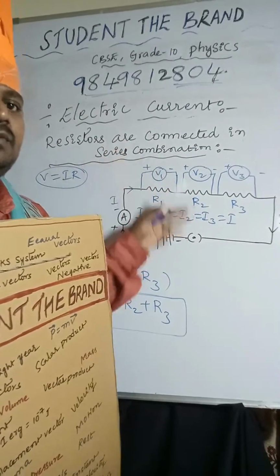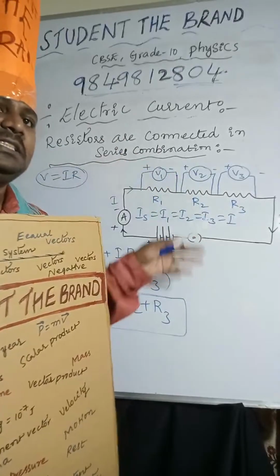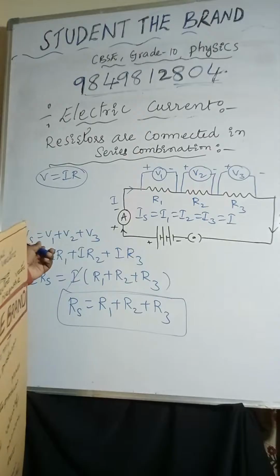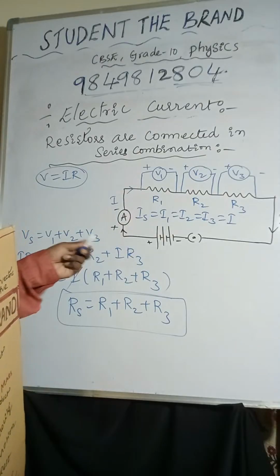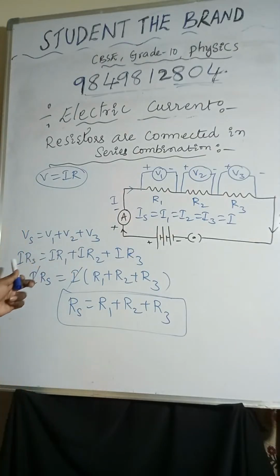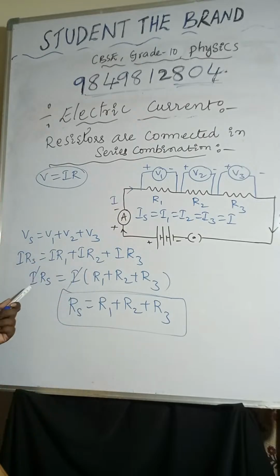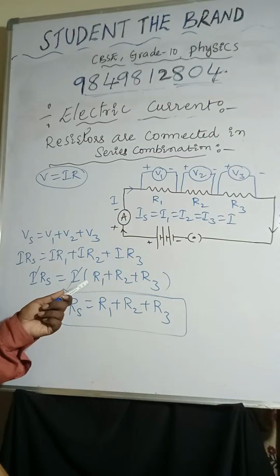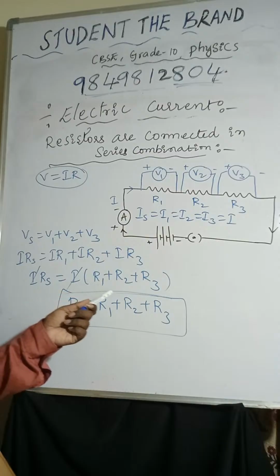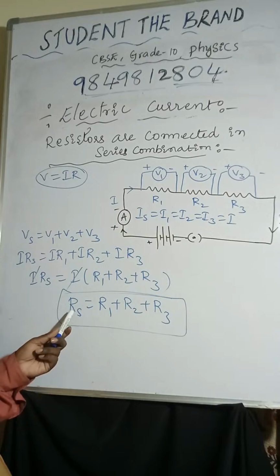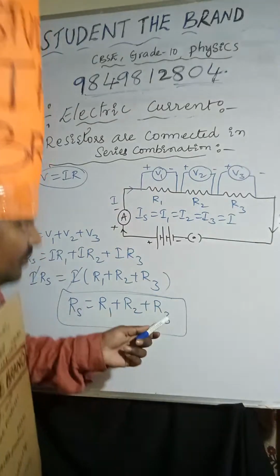From Ohm's law, V equal to IR, Vs equal to V1 plus V2 plus V3, IRs equal to IR1 plus IR2 plus IR3. Taking I common, R1 plus R2 plus R3. I gets cancelled, and the remaining values are Rs equal to R1 plus R2 plus R3.